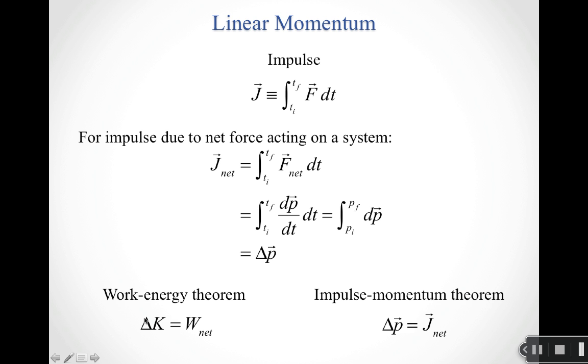You can see that it's very much like one that we've seen before, which is the work energy theorem. The work energy theorem told us that the change in kinetic energy is equal to the net work. The impulse momentum theorem tells us that the change in momentum is equal to the net impulse. The biggest fundamental difference between these two equations is that this one is a scalar equation. It's keeping track of energy, so it's a scalar equation.